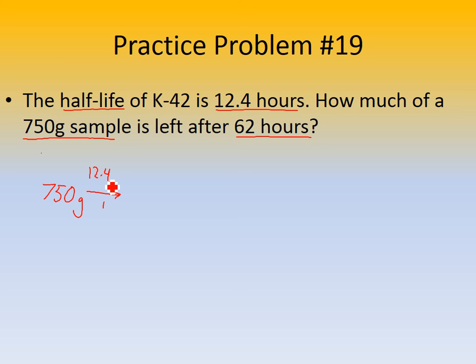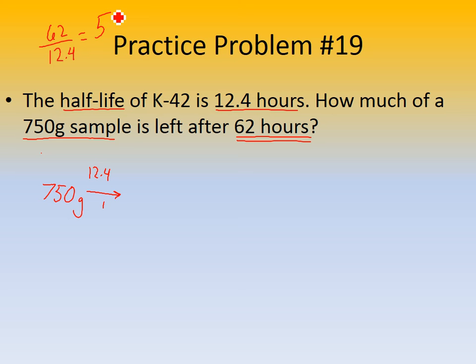I need to go until we're at a total of 62 hours. How could I easily determine that? Good. Let's take 62, the total time, and divide it by one half-life, which was 12.4. What does that equal? Do it on your calculator. 5. Good. So 62 divided by 12.4 equals exactly 5.